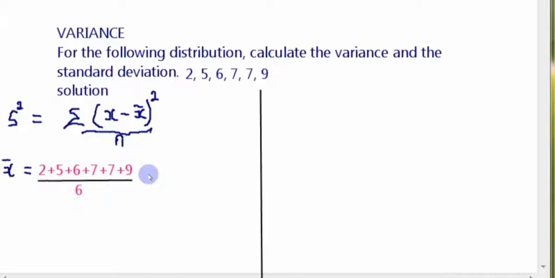When you add everything on the numerator, that is 2 plus 5 plus 6 plus 7 plus 7 plus 9, and divide it by 6, using our calculator we have 36 over 6.